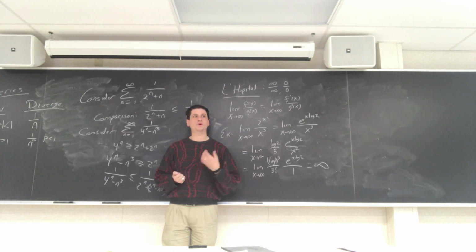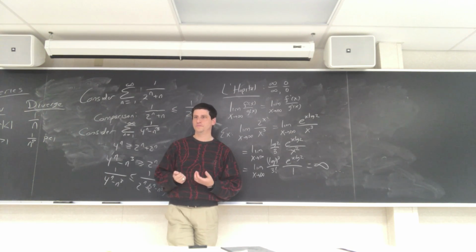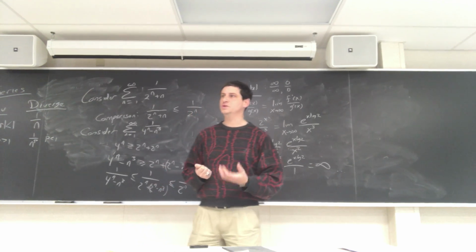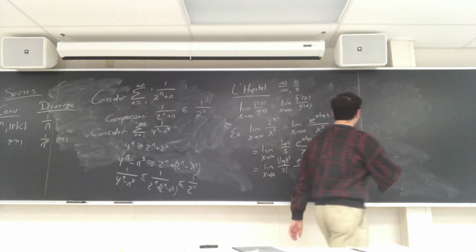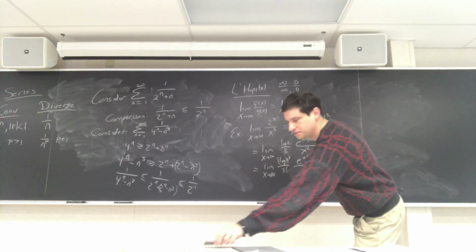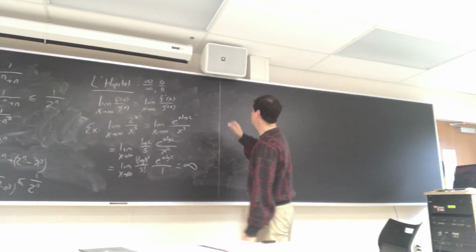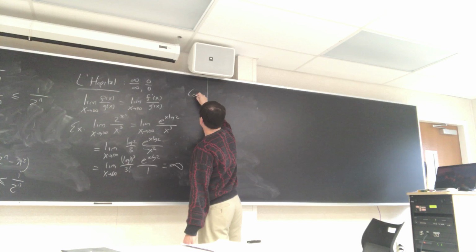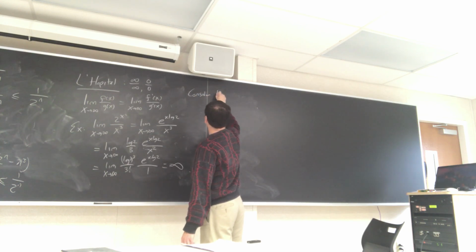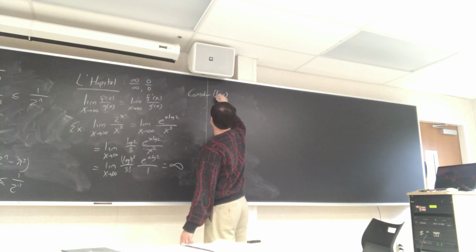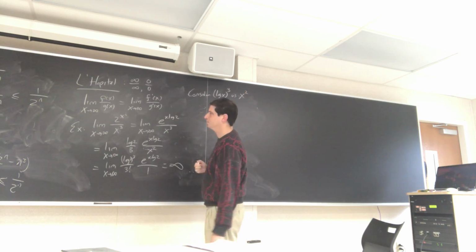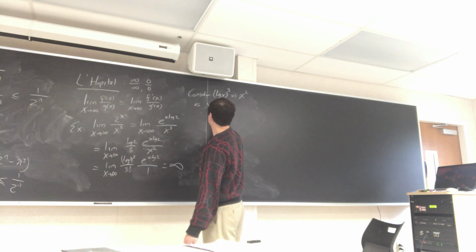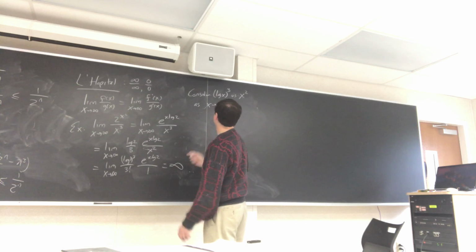The next one is, what about logarithm versus polynomial? So polynomials always beat logarithms, at least if you have positive powers. So now consider the log of x cubed versus x squared as x goes to infinity.